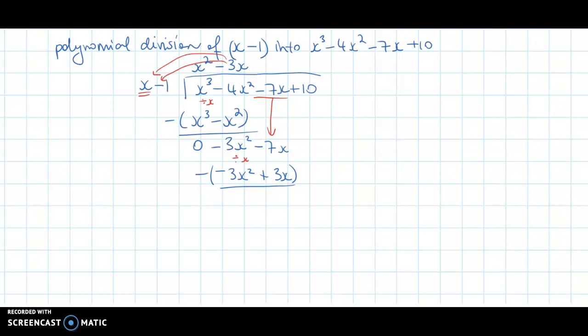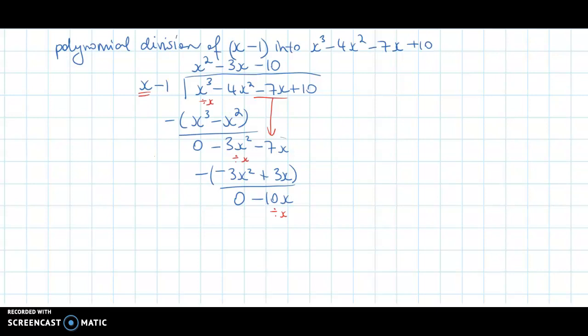Rule it all off for subtraction. Negative 3x squared minus negative 3x squared gives me 0. Negative 7x minus another 3x gives me minus 10x. And we start off the forward process again. So x now into negative 10x gives me negative 10.